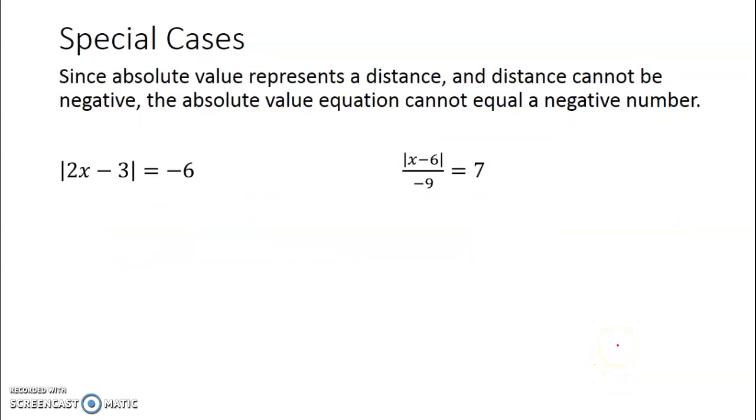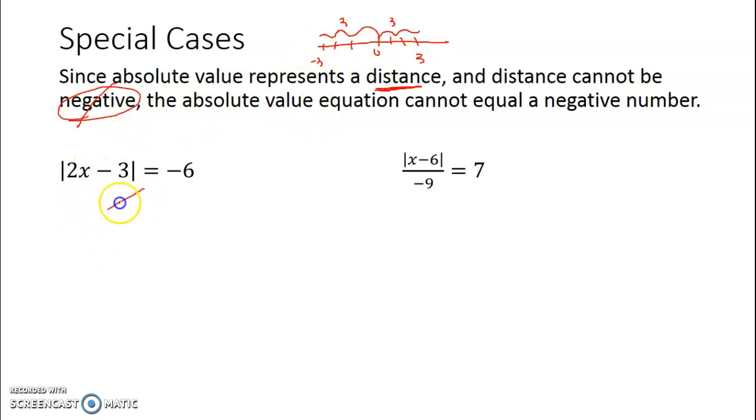There are some other special cases. Since absolute value represents distance, it cannot be negative. So if I'm looking at my number line and I'm going, let's just say, to 3 and negative 3, that distance in both cases is 3. Neither one is a negative distance.